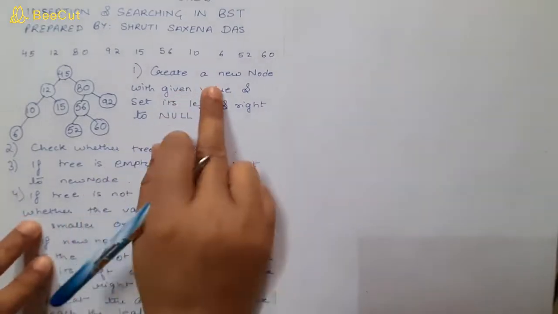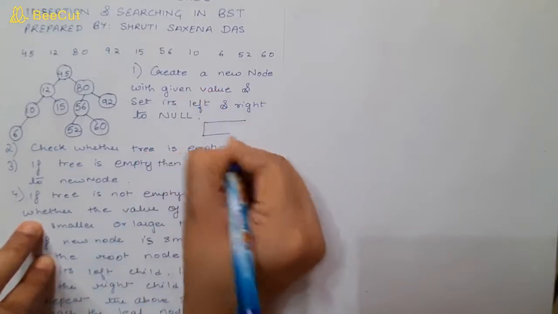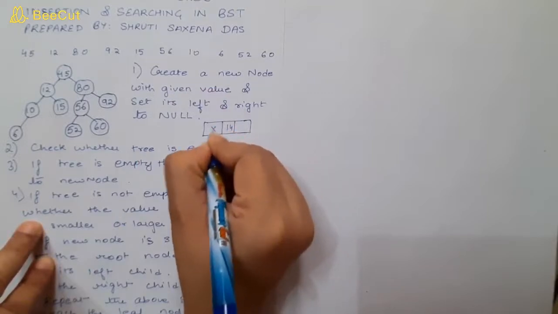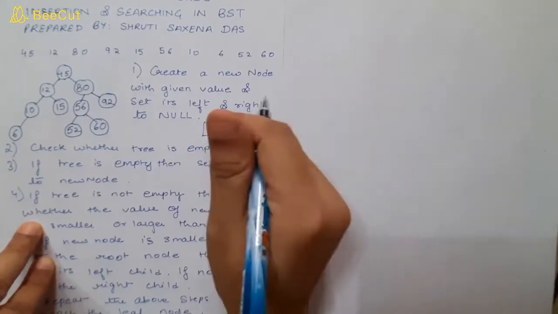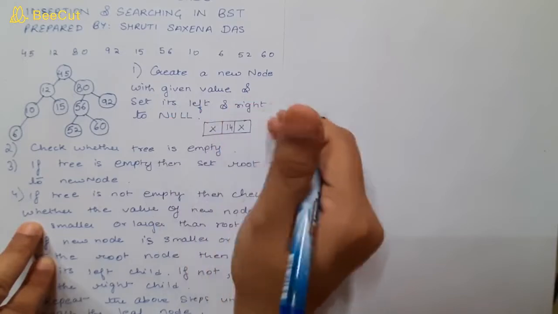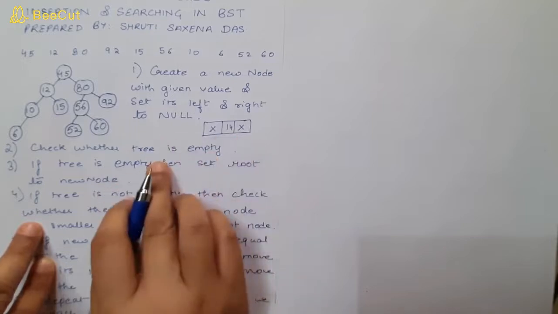See, we'll start from the first step. We'll create a new node. Value will be 14, and the left and right pointers will be null, because they denote the left and right of this node, so initially they will be empty. We'll check whether the tree is empty.